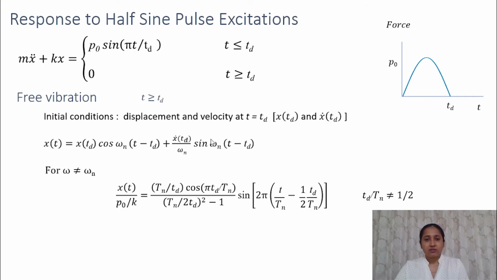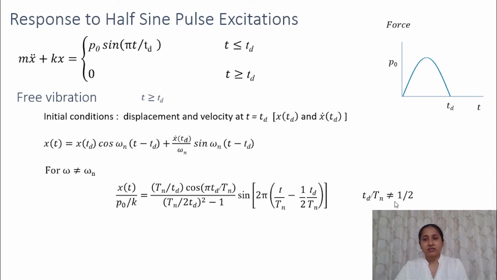If we substitute the values of x(Td) and x dot(Td) in this expression and simplify, we would get this expression. I'm not going into the detailed derivation because of time constraints. If you're interested, you can carry out this substitution. This expression is valid for Td by Tn not equal to half.